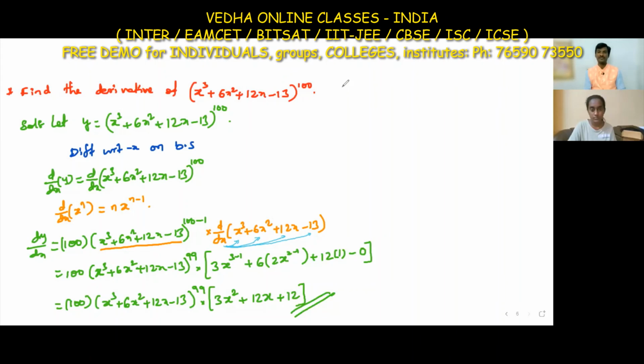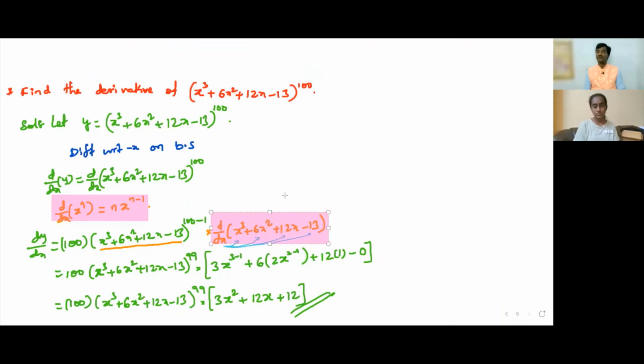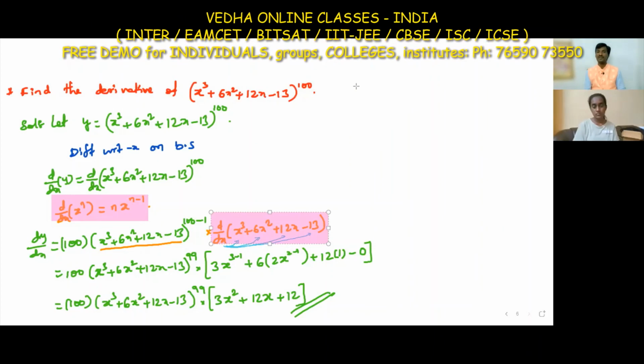In this, what formula did we use at the start? The d by dx of x power n formula. This is important. After that, internal derivative. Remember this. Internal derivative is also very, very important. Whenever we get some other function in place of x, we differentiate that function again.